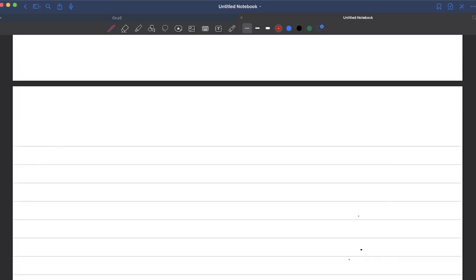So the midpoint formula, what is the midpoint formula? To find the midpoint of any value, I will do x1 plus x2 divide by 2, and then y1 plus y2 divide by 2.